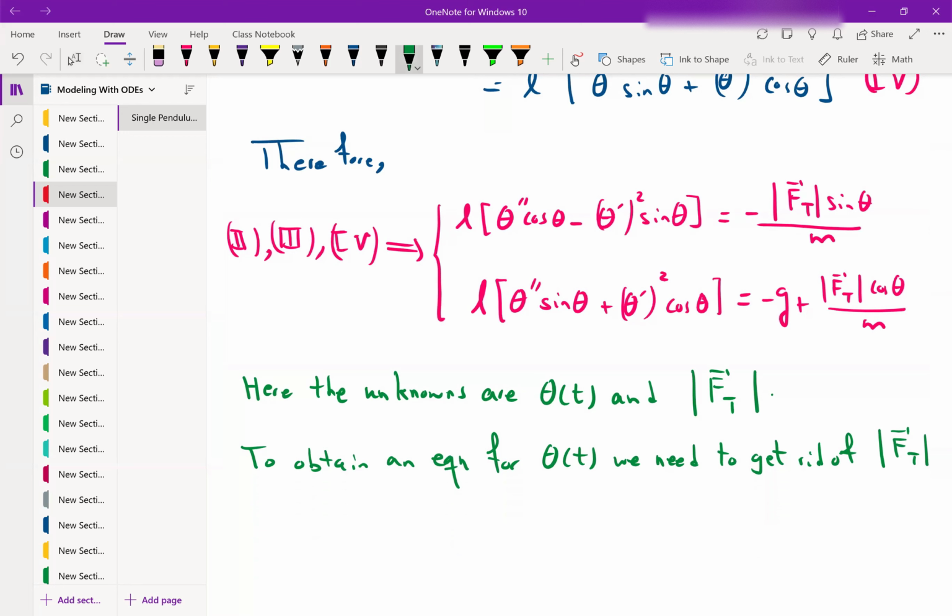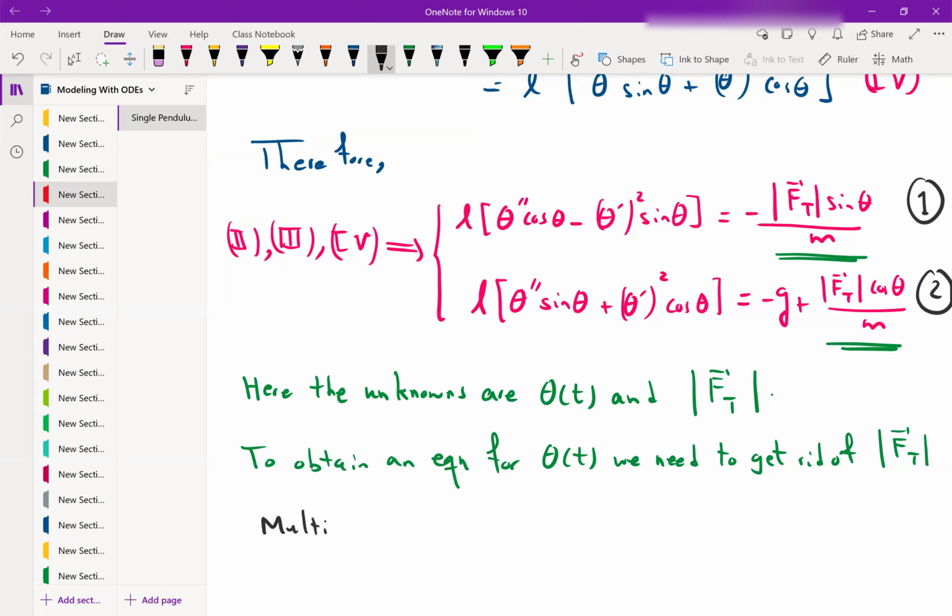t. So what I'm going to do, my friends, look at the right-hand sides. I'm going to multiply the first equation by cosine theta. I will multiply the second equation by sine theta. If I multiply the first equation by cosine theta, the second equation by sine theta, and then add them up, this term that consists of magnitude of the tension force will disappear. So I'm going to do the following. Let me call this 1 and call that 2.